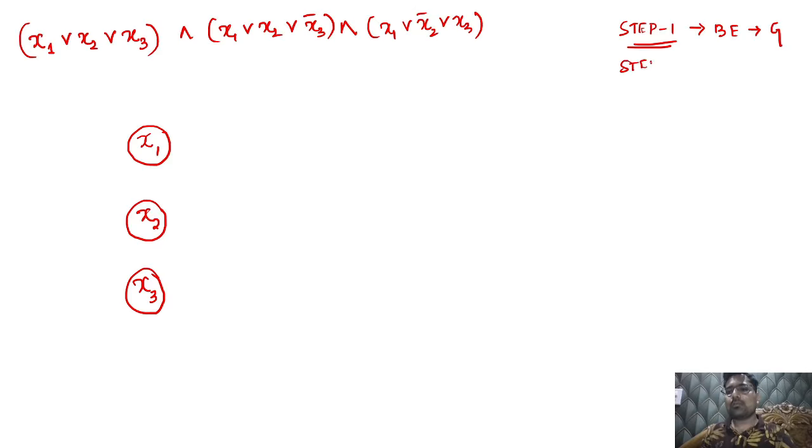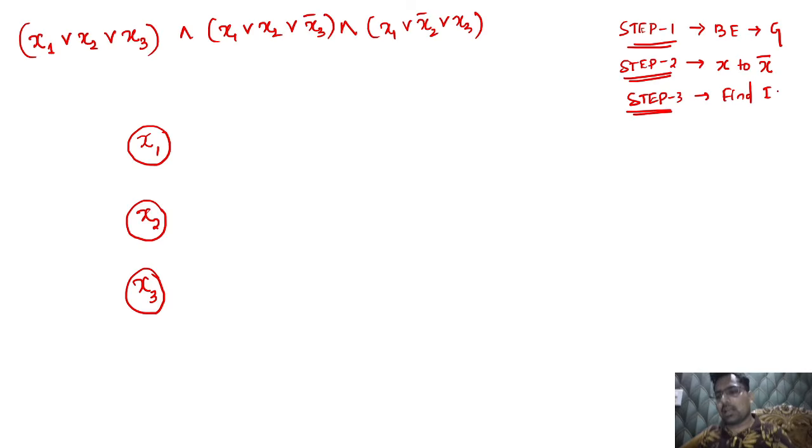Step 2: negation, literals X to X dash. Next, step 3: find the independent set. Through that we can say it is satisfiable. You just check it.